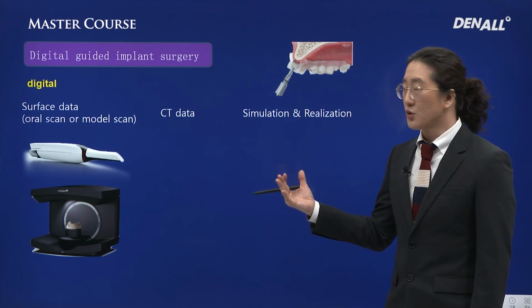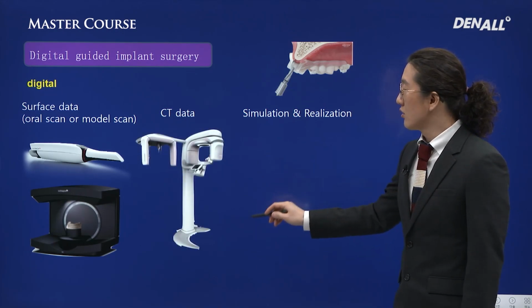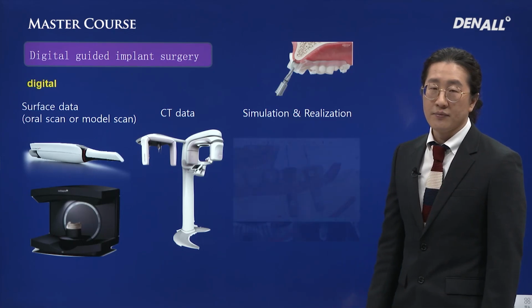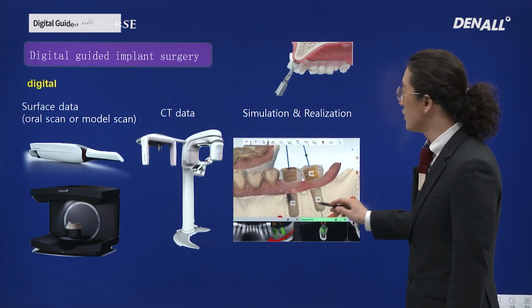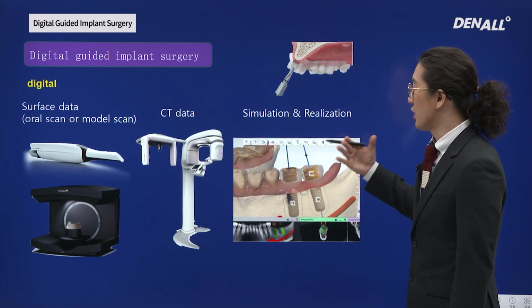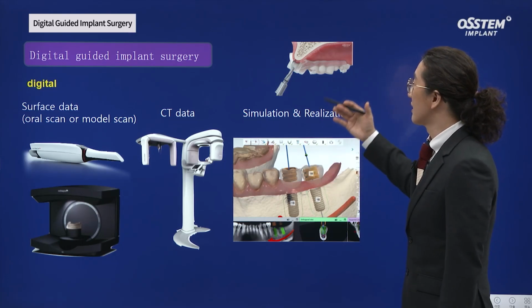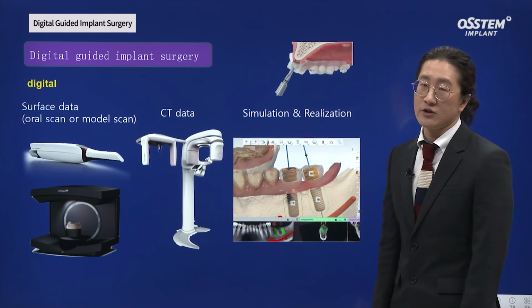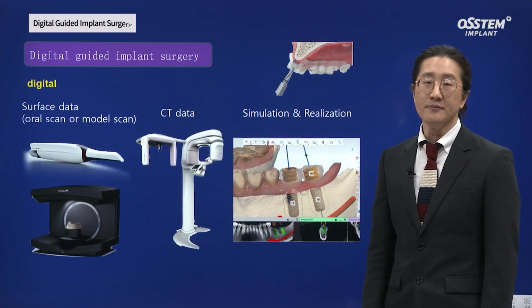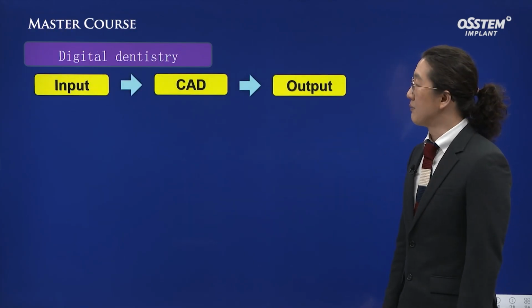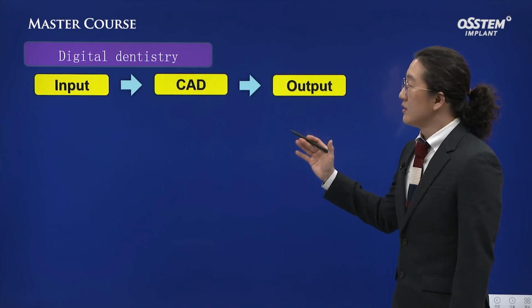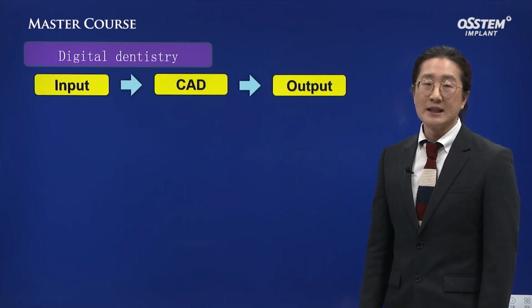An oral scanner or model scanner is used to get tooth surface data. CT is taken to get CT data, and on the computer, this information is utilized for simulation. This is then turned into reality in the form of a guide for surgery.